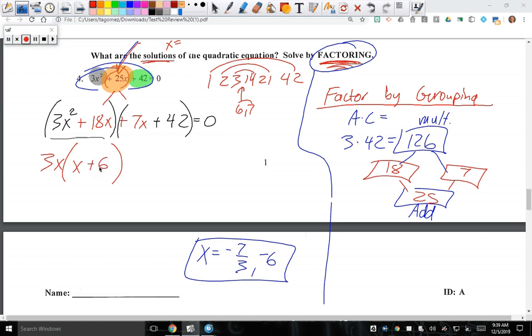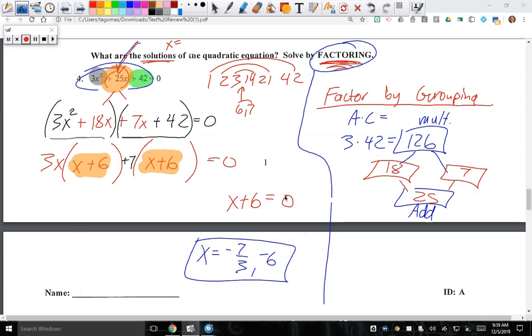Plus 6. Now over here, what's the GCF that we're going to pull out from this? 7. So I'll pull out this 7. And what are the scraps that are left? X plus 6. So again, what's inside the parentheses is one of the answers.